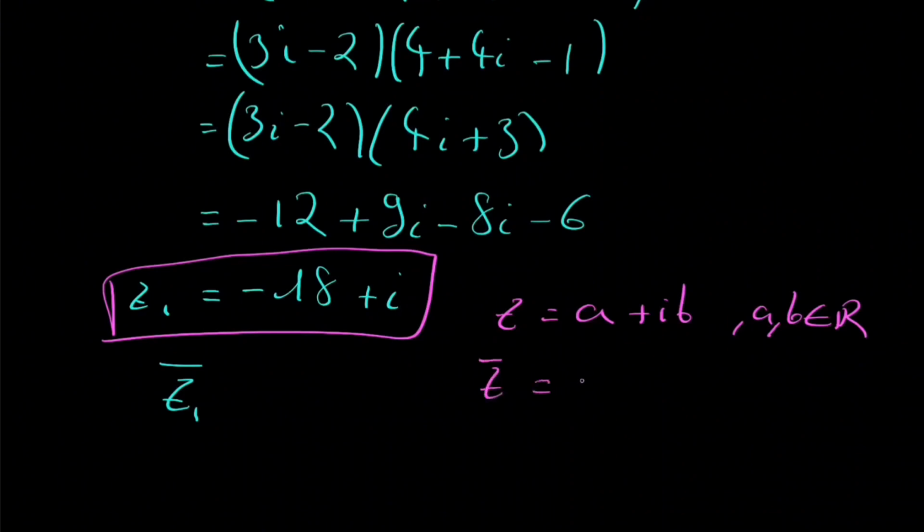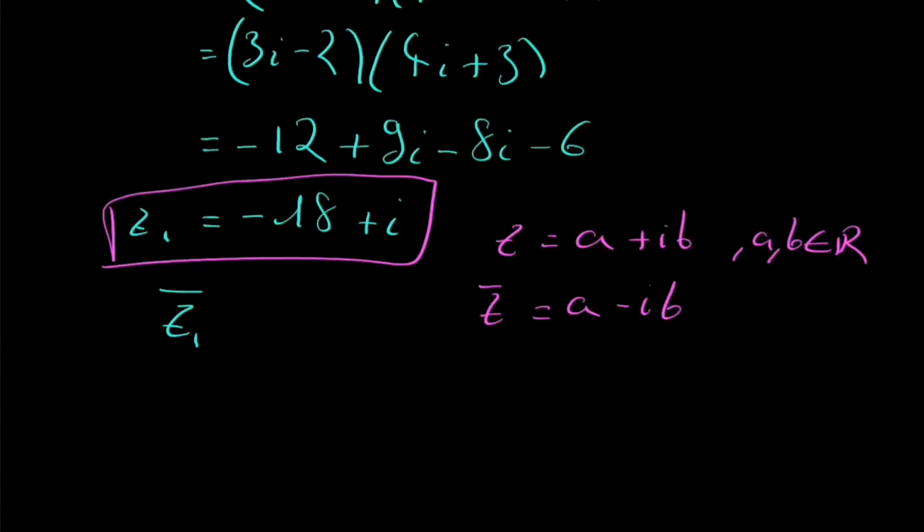You just have to take the same real part and you just have to take the inverse of the imaginary part. So a minus ib. So for our number, we've got z1 conjugate is equal to minus 18 minus i.